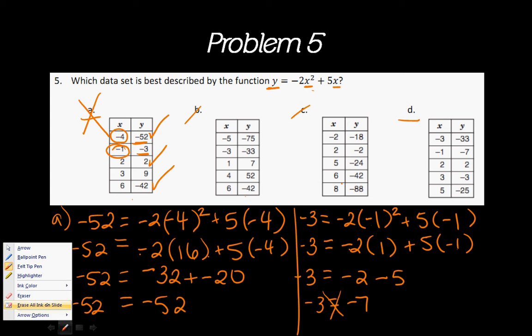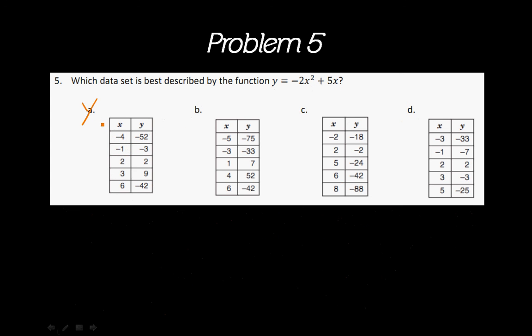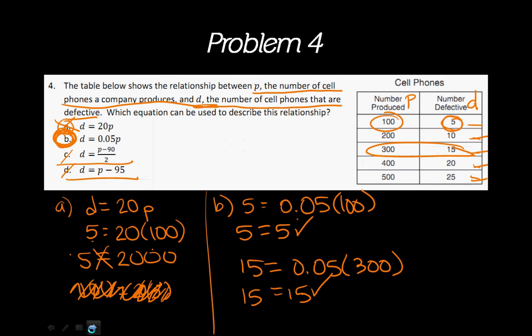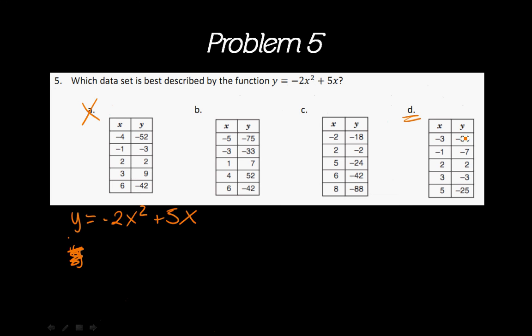Okay, let me clear off some space. Okay, so we said A is wrong. Now we're going to try D, which we know is the right answer. So again, we start with our equation, and I'm going to put a negative 33 for the y, and then we have a negative 3 for x.